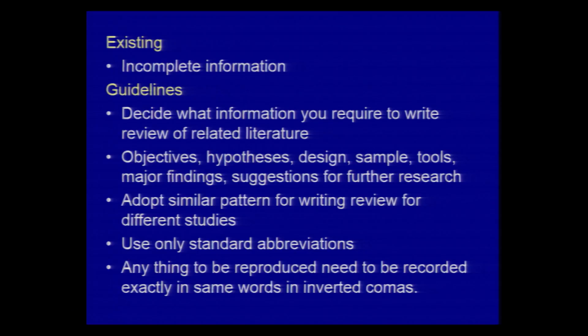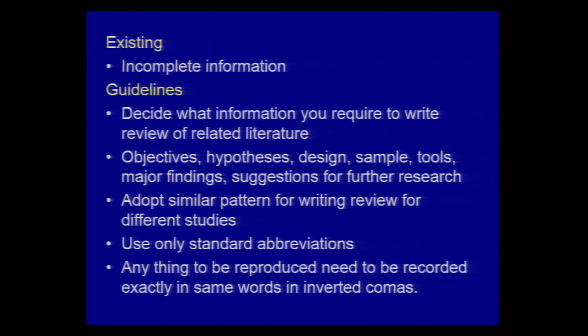First, decide what information you require to write a review of related literature. Once you are preparing an abstract of the information, it is a request that the abstract given in the journal or otherwise should not be copied as such.